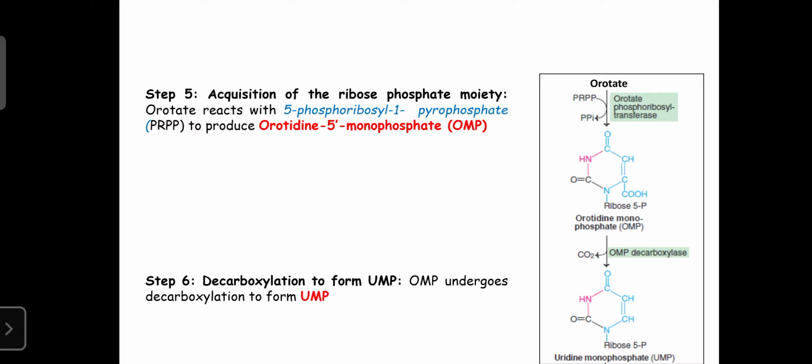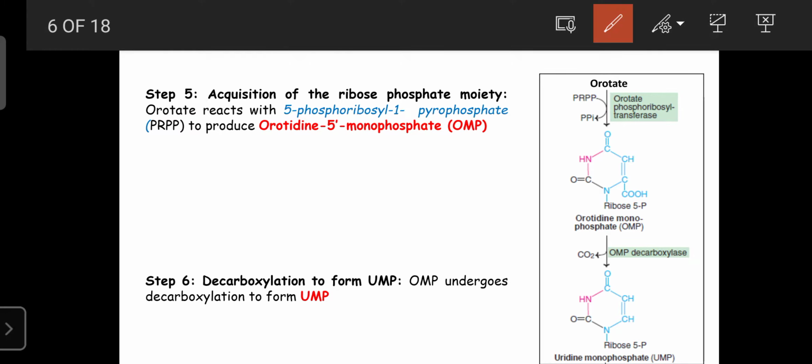Then in the fifth reaction, step 5, is the acquisition of the ribose phosphate moiety. Orotate can acquire one molecule of ribose 5 phosphate from PRPP.